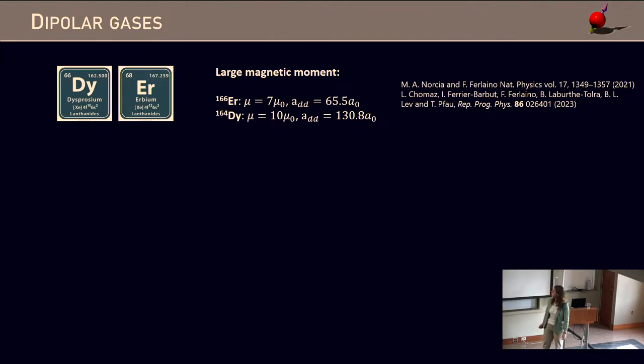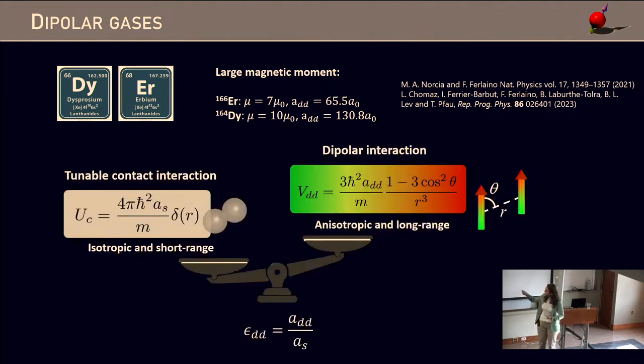In my group, we work with atoms like erbium and dysprosium that have a large magnetic moment. And so, in addition to the tunable contact interaction, these atoms also interact via the long-range and anisotropic dipole-dipole interaction. The possibility to tune the S-wave scattering length by means of Feshbach resonances experimentally allows us to balance the interplay between these two different interactions.